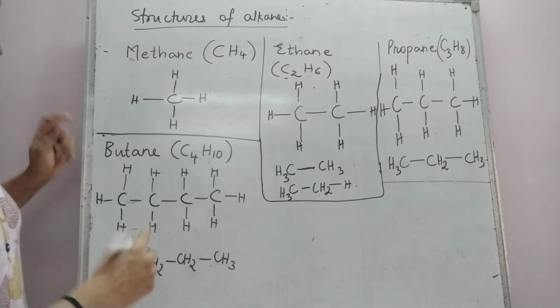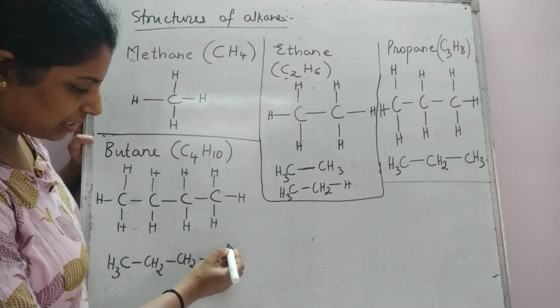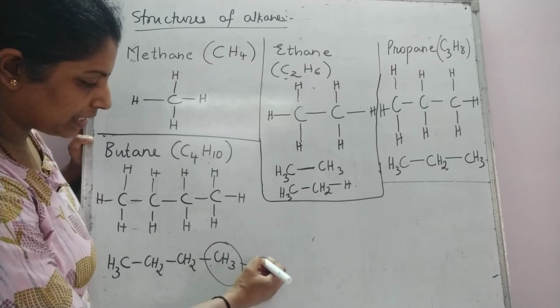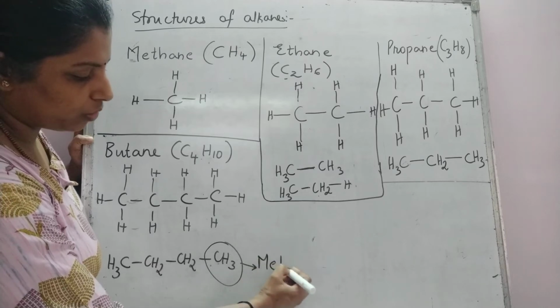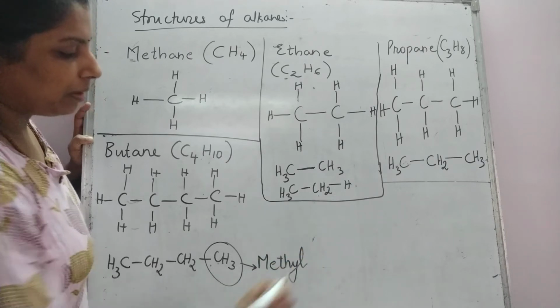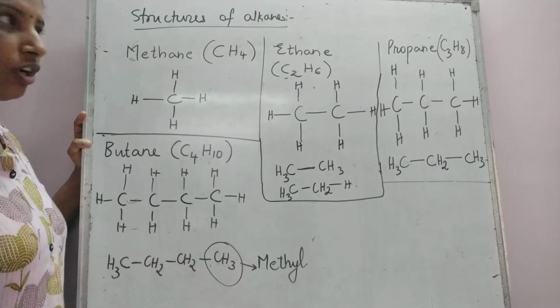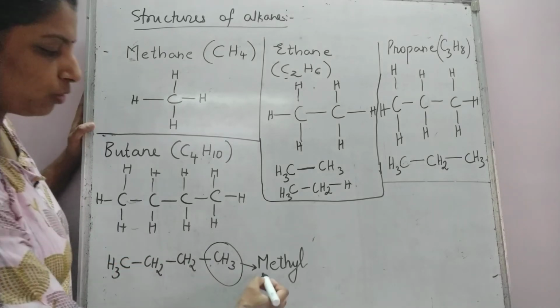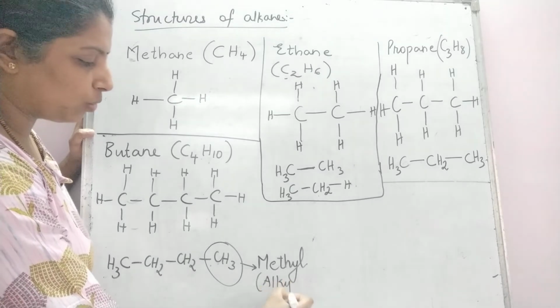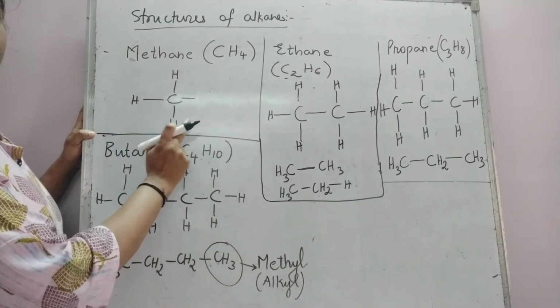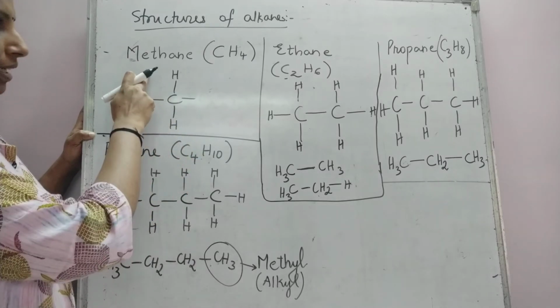Okay. Now out of these groups, this CH3 group is called as methyl group. What is it called? Methyl group. This methyl group is generally called as an alkyl group. It is an alkyl group which is obtained by removing one hydrogen from methane.